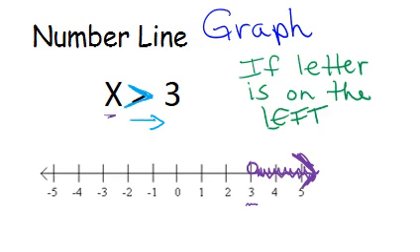So that's a little hint so that you can check your graph to make sure that your final arrow is pointing the way the inequality symbol is pointing. Now remember, that only works if your letter, the variable, is on the left.